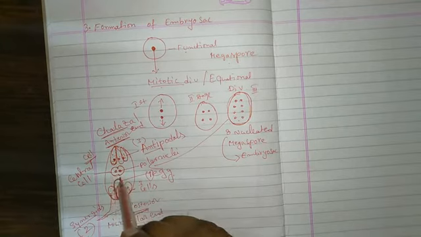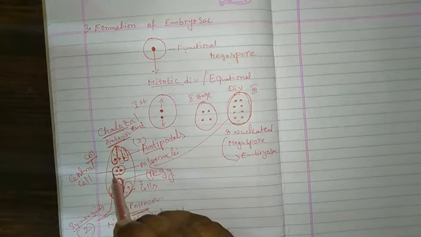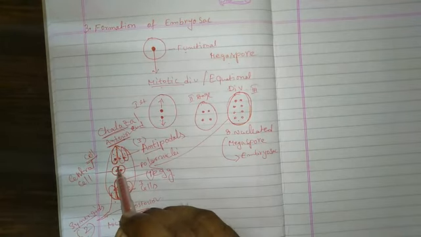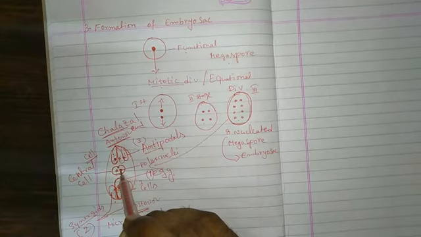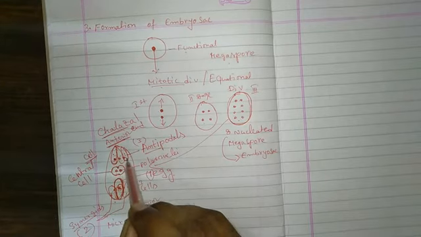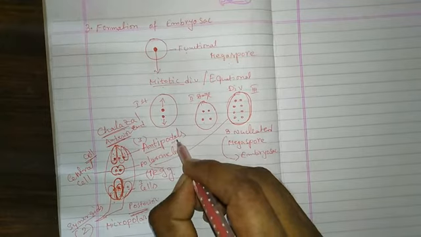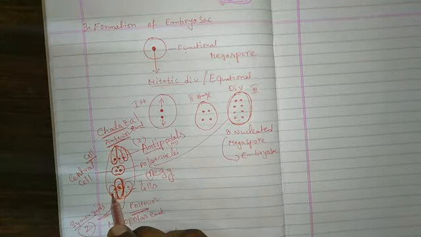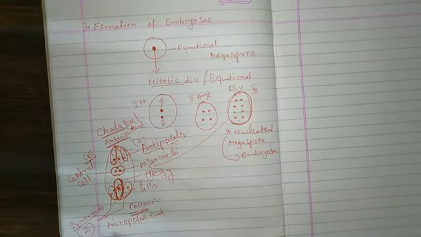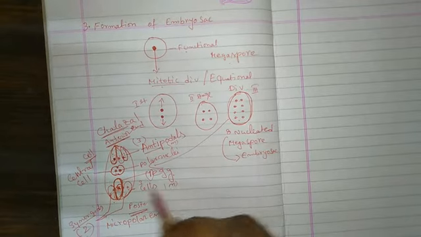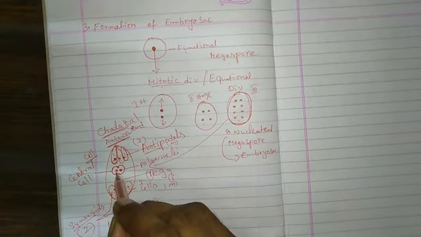So how many cells are there here? Only a single cell. It is a single cell, but two nuclei are present. The antipodals are in haploid state, and the egg and synergids are also haploid. But the polar nuclei or central cell is in diploid state.